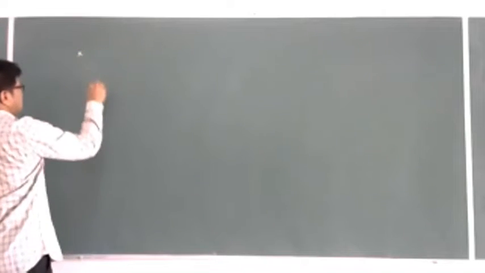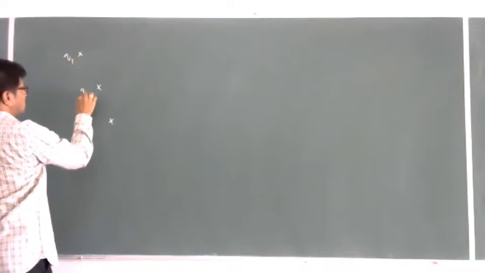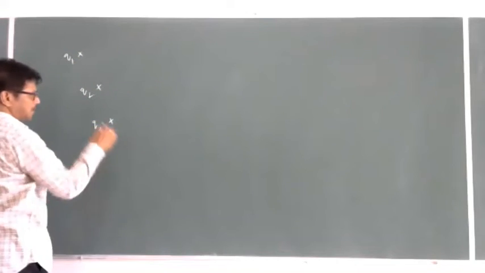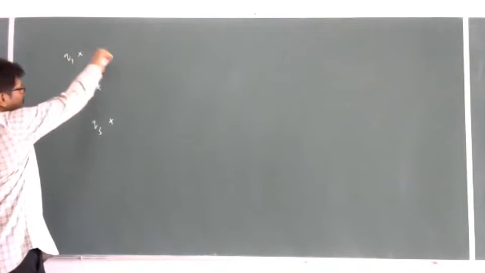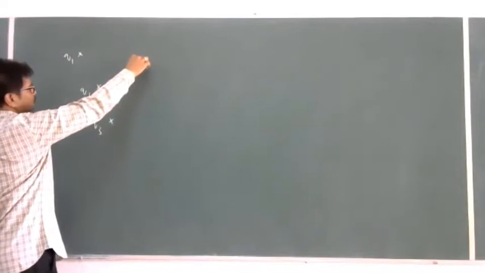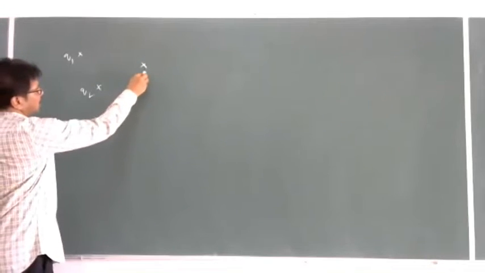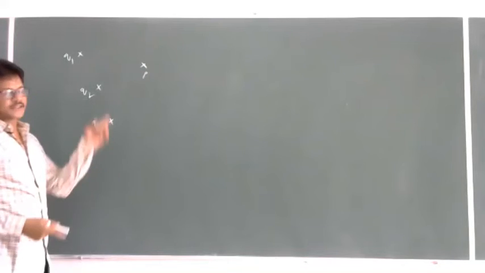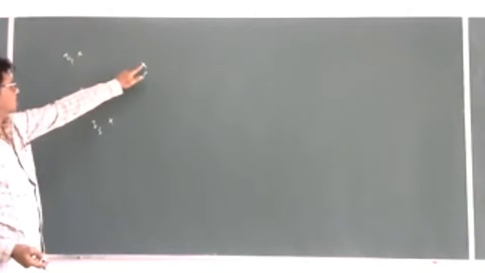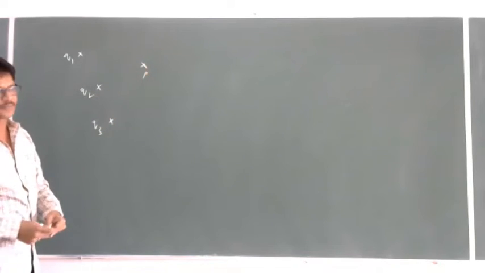For example, here three charges are there, called Q1, Q2, Q3. Because of these three charges, what will be the electric field at this particular point? At this point, there will be three electric fields. One is because of Q1, another because of Q2, one more because of Q3.